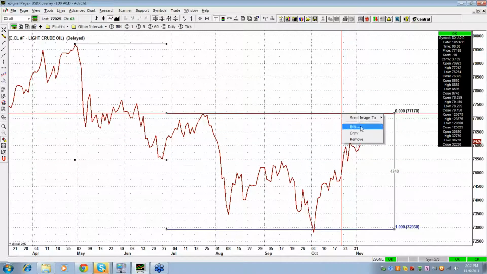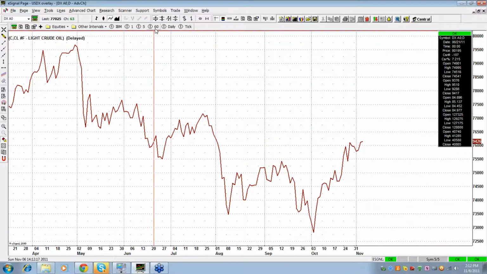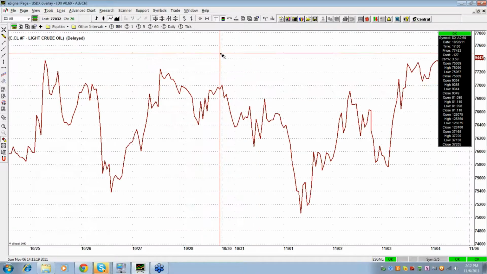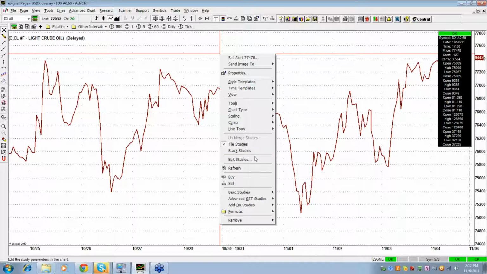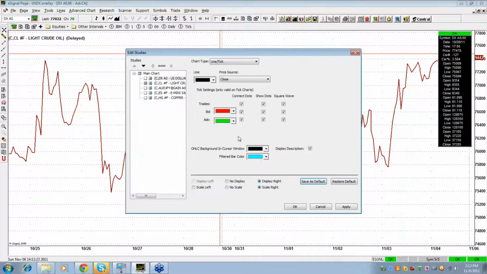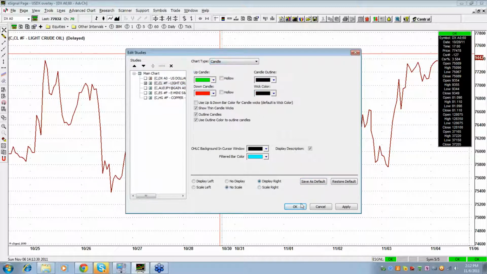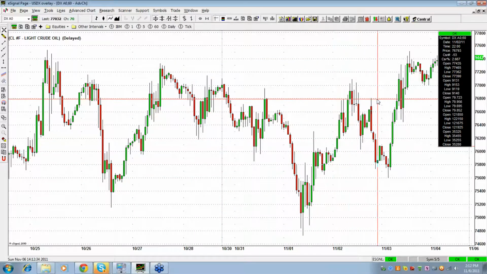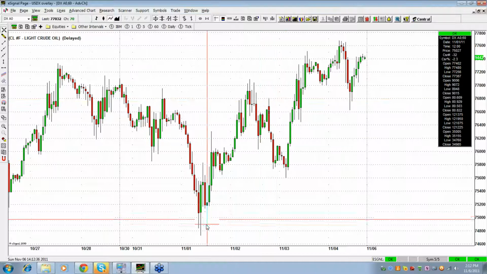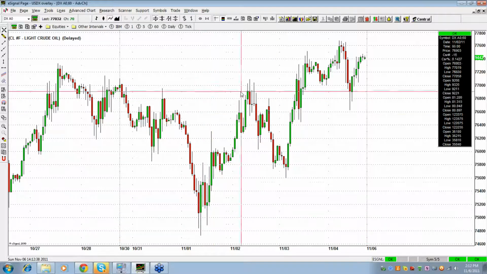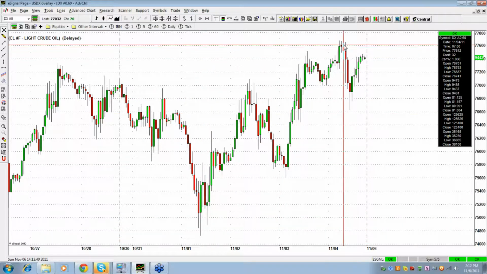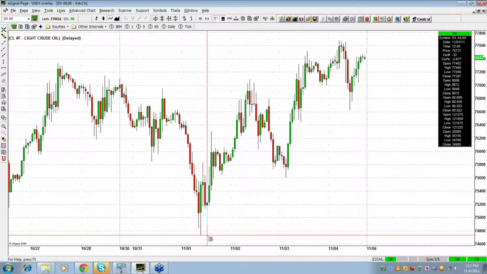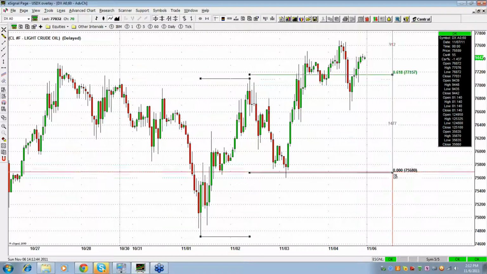Clear what I mean? If you go to the chart of oil and you put the candles on it, you're going to be able to see that from the lows right here, you have what looks to be a well-defined three-wave move, right?